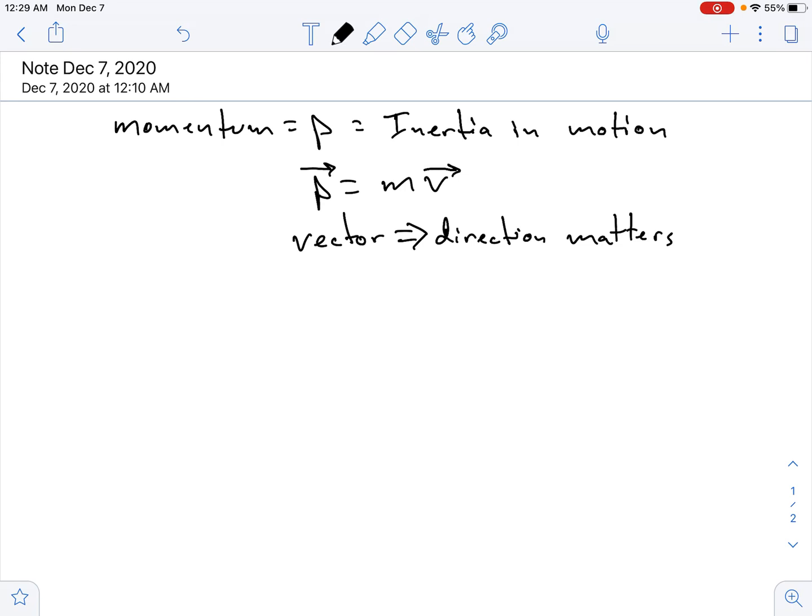Now this is actually going to be really important, keeping in mind that direction is going to matter when it comes to momentum. When we're dealing with the direction of momentum, it strictly comes from the velocity. Whatever direction the object is moving in is the direction of the momentum.